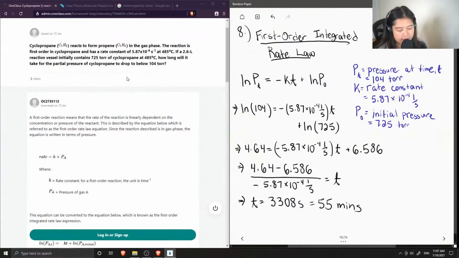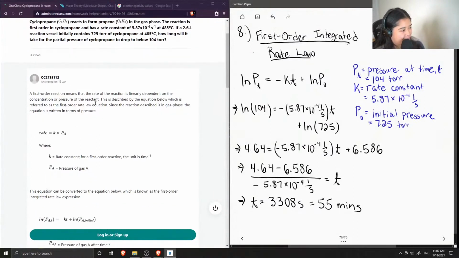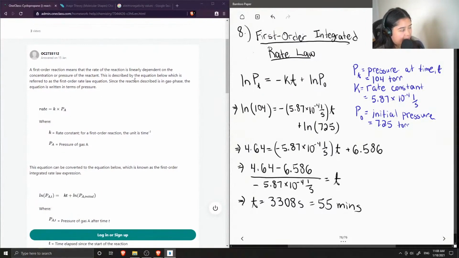Okay, so let's see what the junior tutor said. A first order reaction means that the rate of the reaction is linearly dependent on the concentration or pressure of the reactant. This is described by the equation below, which is referred to as the first order rate law equation.